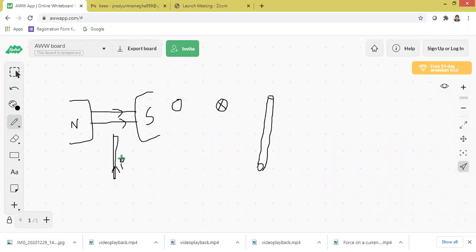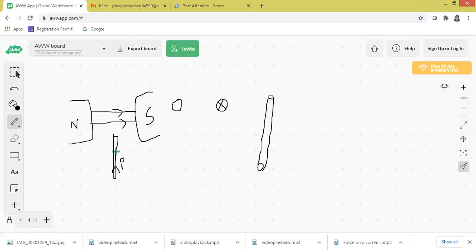Listen to my words carefully. When a current carrying conductor is placed in the presence of a magnetic field, what happens to this conductor? Anyone? This conductor rotates or moves automatically. It experiences a force.